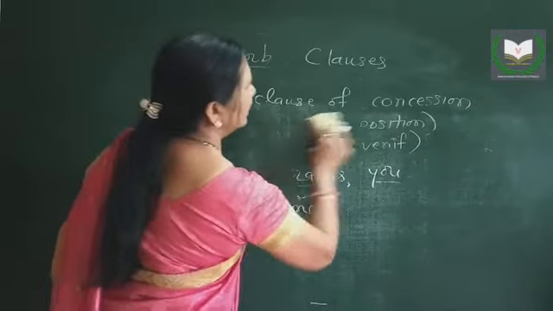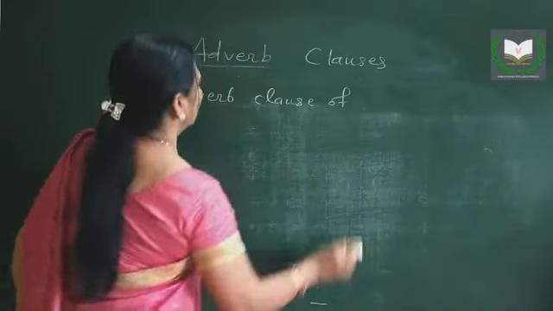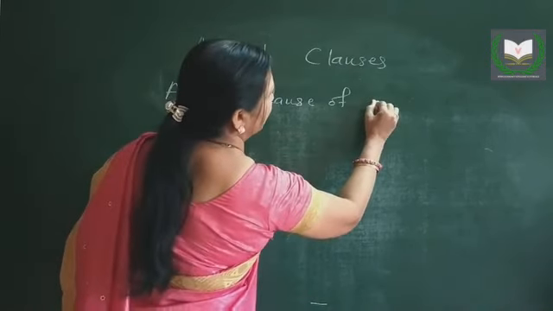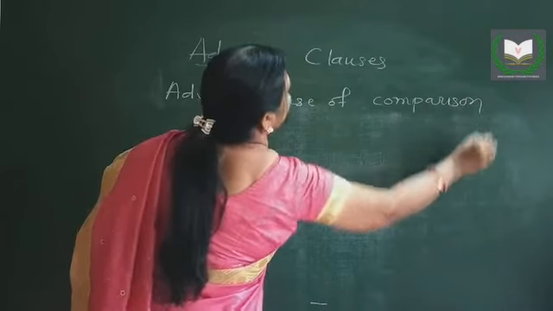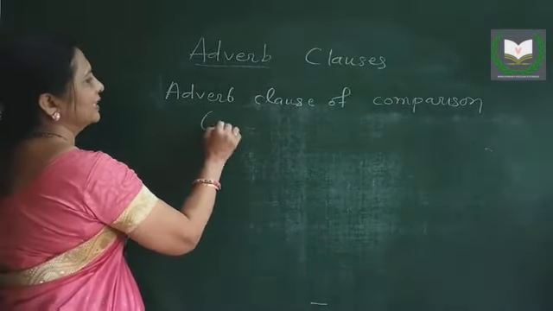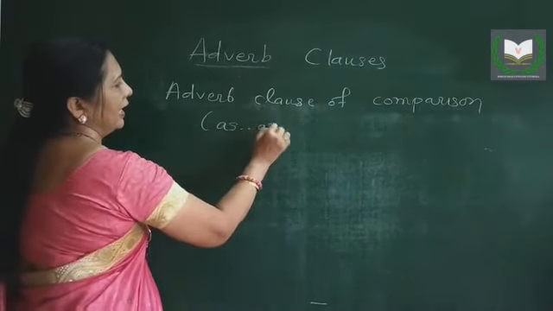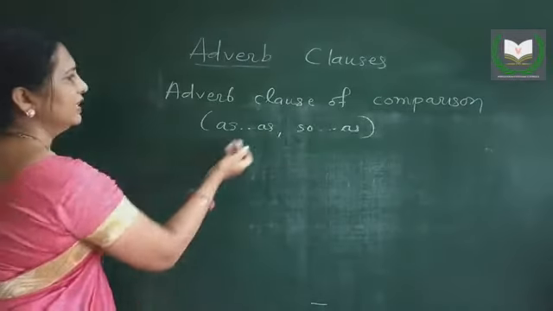Now we shall study the fifth type of adverb clause, that is the adverb clause of comparison. You already studied the degrees of comparison and you find that they are using as, so as. So what are we doing with these words?